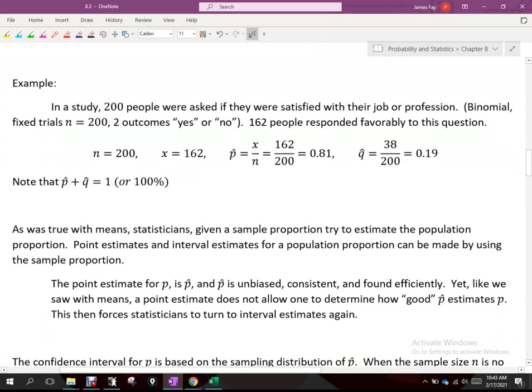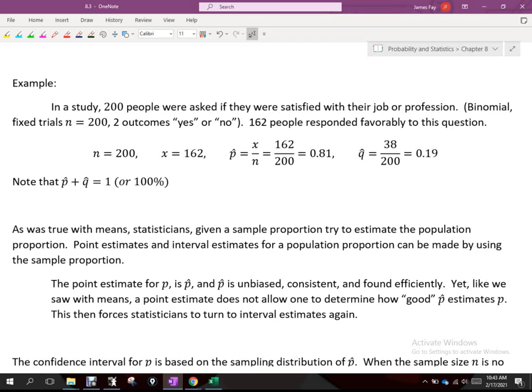Here's an example. In a study of 200 people, they were asked if they were satisfied with their job or profession. So it's a binomial: a fixed number of trials, 200, and two outcomes, yes, I like my job, or no, I don't. 162 people responded favorably to the question, so they said yes, I'm satisfied.